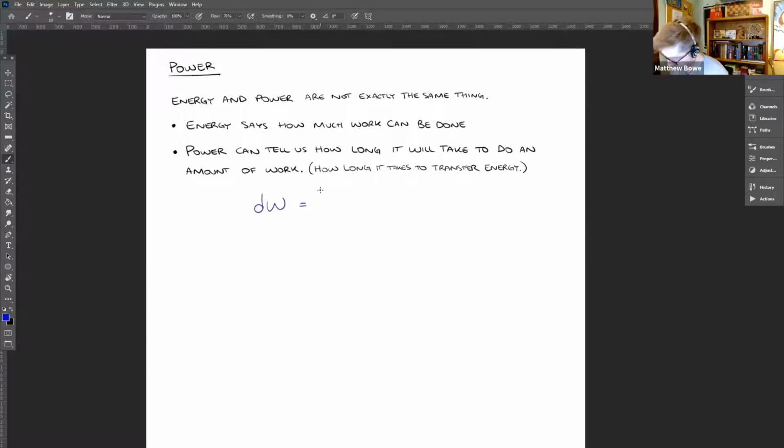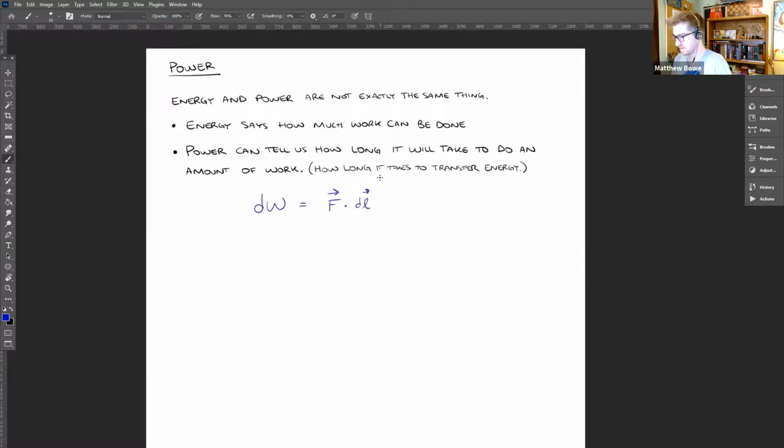I'm not going to do that right now. I'm just going to say this is equal to kind of a result we found yesterday: the force vector times a displacement vector. So this was the dl from yesterday.